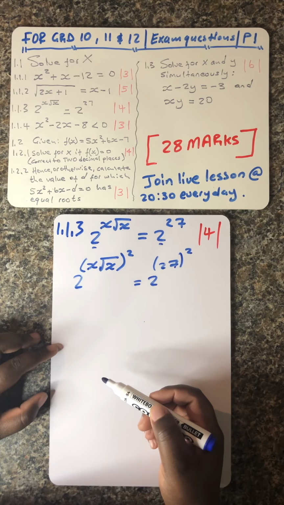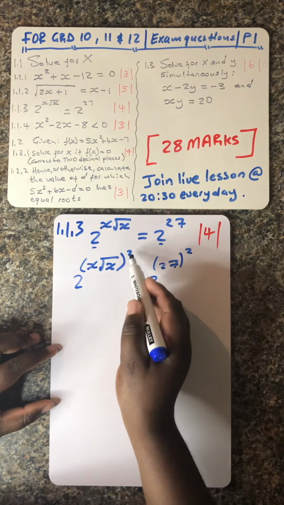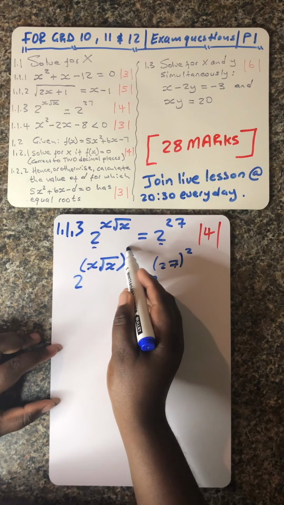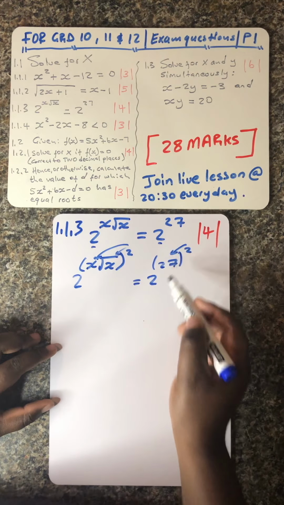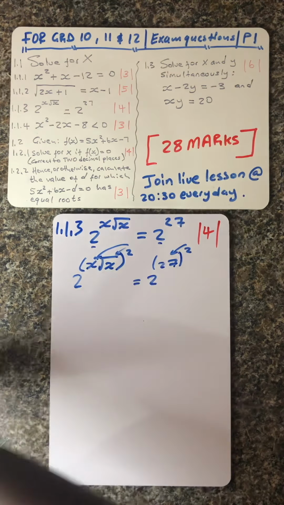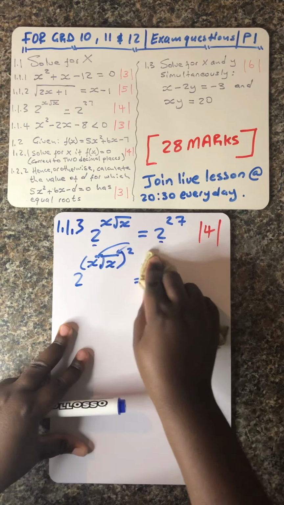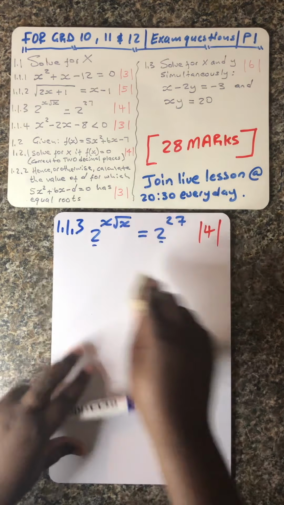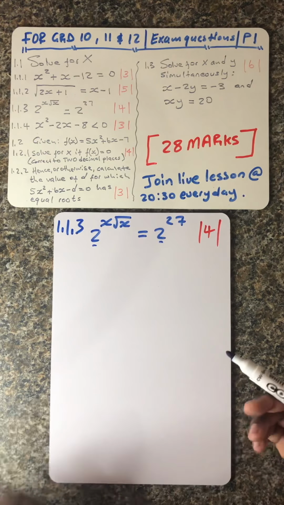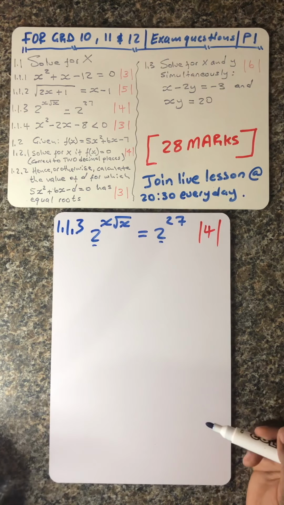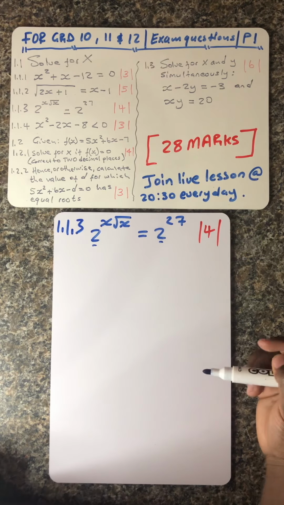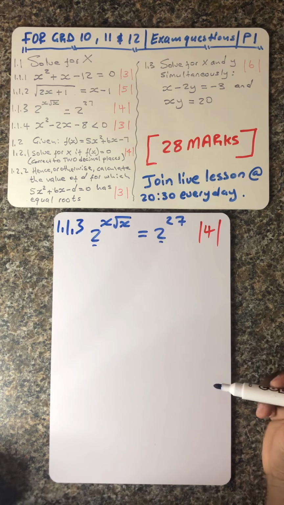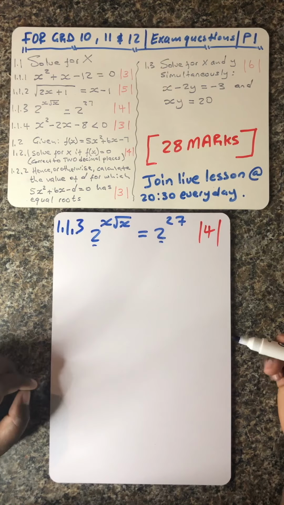When you remove the square root, you introduce a square, and it will square that too. That means you'll have to square 27. That is another way you can approach this question, but it might take a bit longer if you do it that way. Now I'm going to do the simplest method. It doesn't necessarily mean this is the only method, but you can still apply the other method, where I've just shown you the first step.